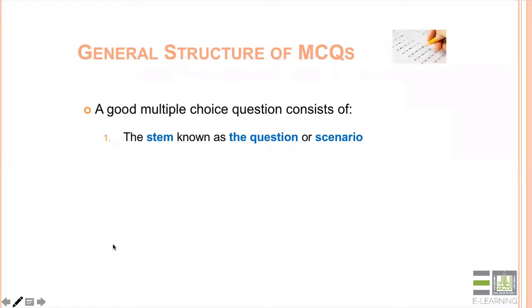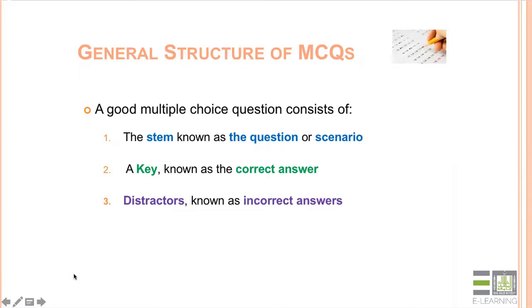and the STEM question will identify the question scenario or a problem in the multiple choice item. Next, you'll have the correct answer. The correct answer is also known as the key, followed by several plausible but also incorrect answers, which are known as distractors.